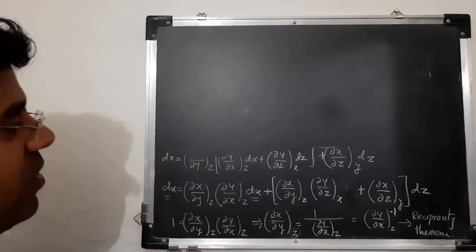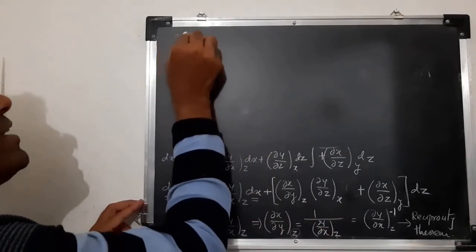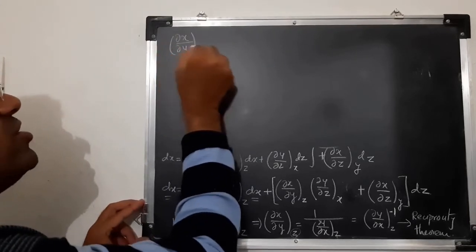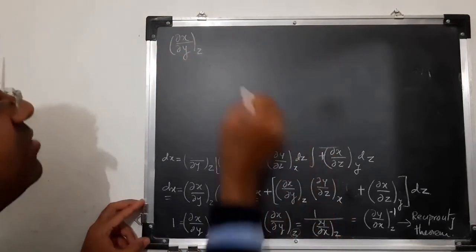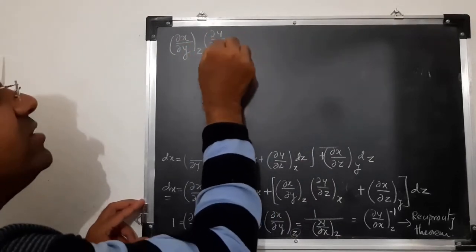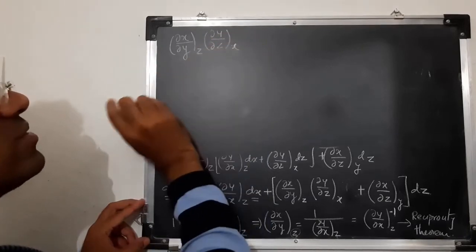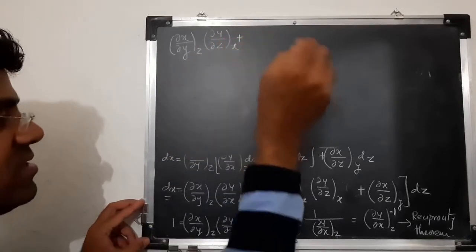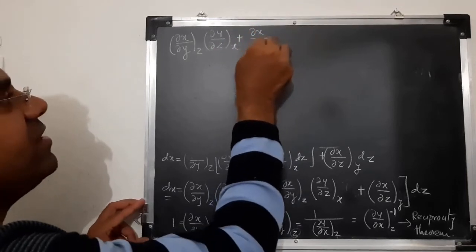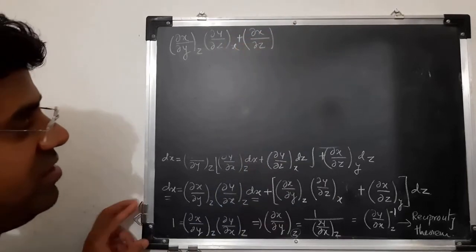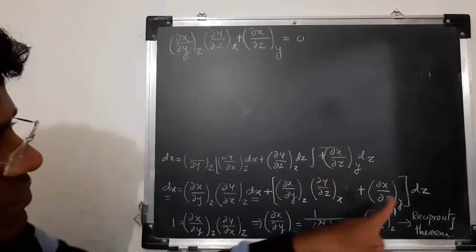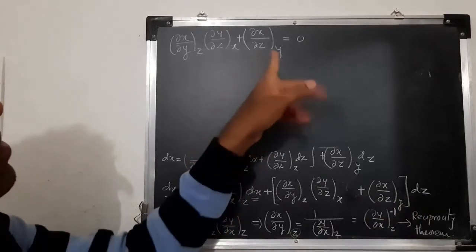Now this is ∂x/∂y, z is constant, times ∂y/∂z, x is constant, plus ∂x/∂z, y is constant, which is equal to 0. Here there is no dz term, so we have to take this.